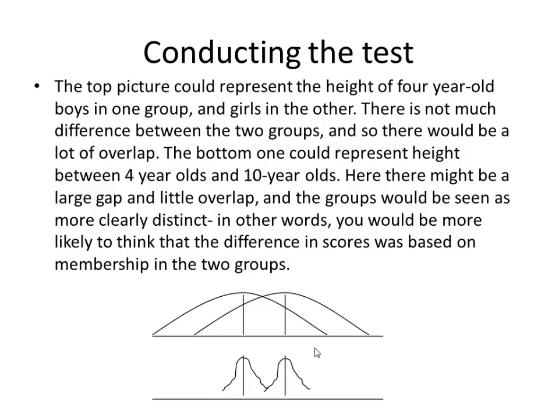Now, if the bottom one represented the height of 4-year-olds and 10-year-olds, then you would be more likely to see something like that, where there is less overlap, right? And it's clearly 2 distinct groups. In other words, you'd be more likely to think that the difference in scores was based on membership in the 2 groups and not on chance or sampling error.